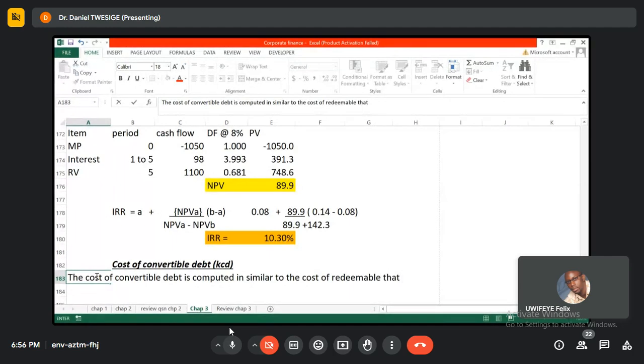That is, the IRR of the debt at maturity.